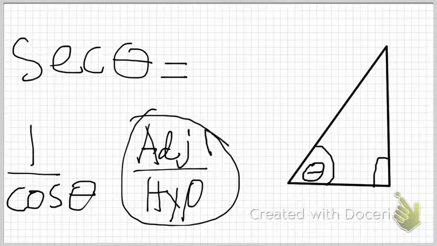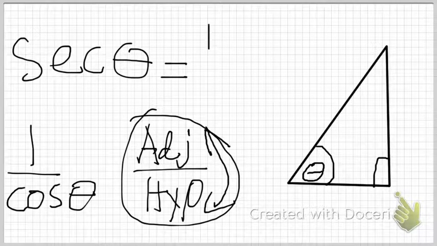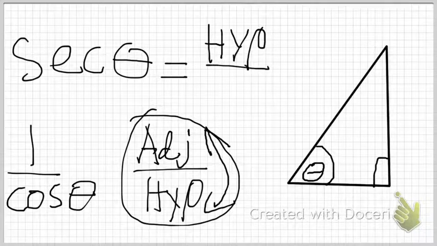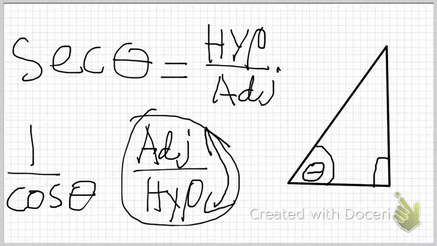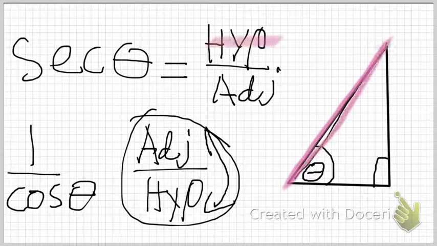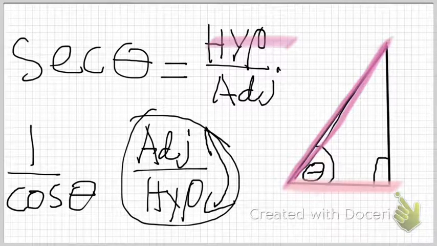So you flip the numerator and the denominator. It'll be hypotenuse over adjacent. So the hypotenuse is the one that's in the pink, and the adjacent is the one that's in a lighter color of pink. So that's secant of theta.